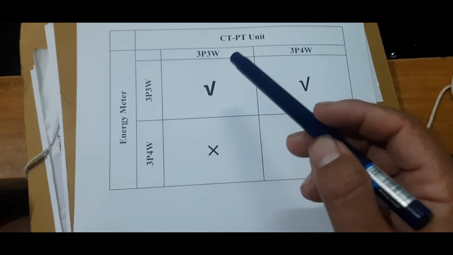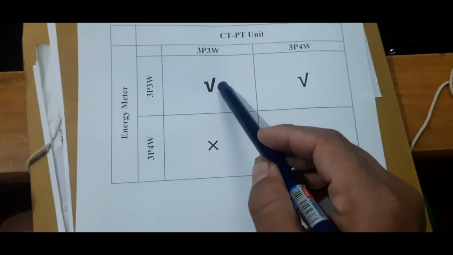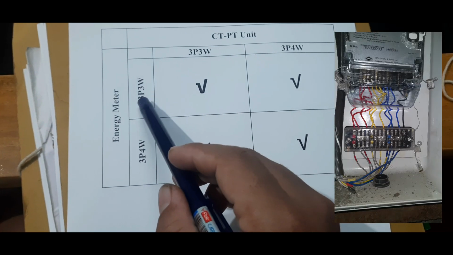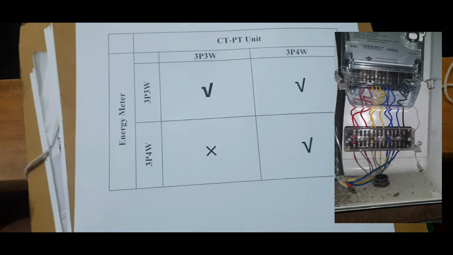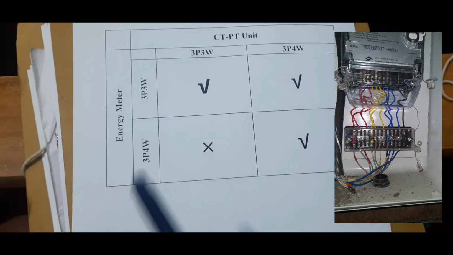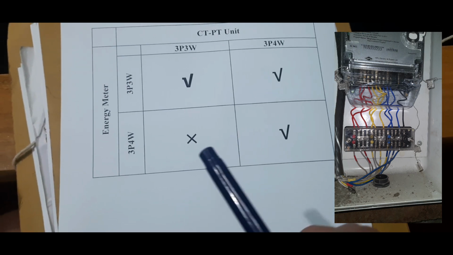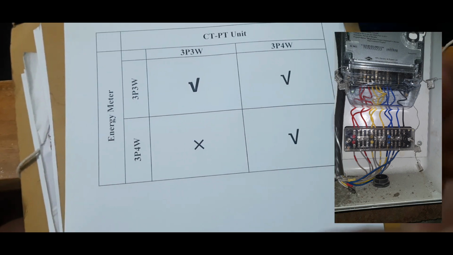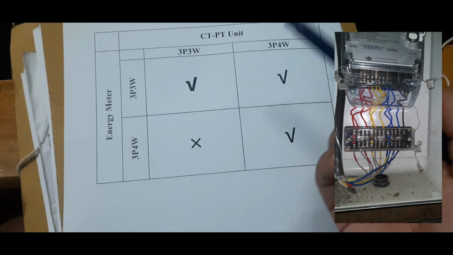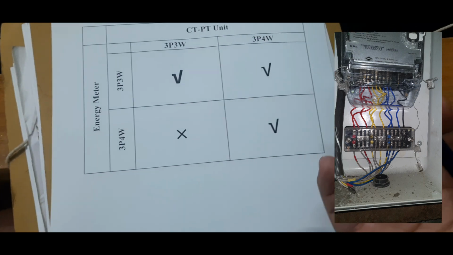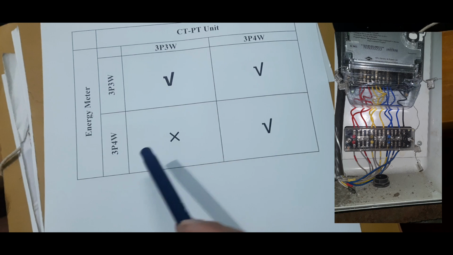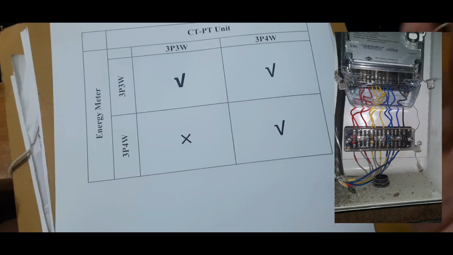If your CTPT unit is three-phase, three-wire, then you can use three-phase, three-wire only. You cannot use three-phase, four-wire. That is the only restriction. Otherwise, if you have a three-phase, four-wire unit, then you can use a three-phase, four-wire meter as it is.